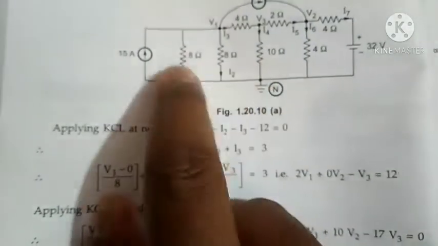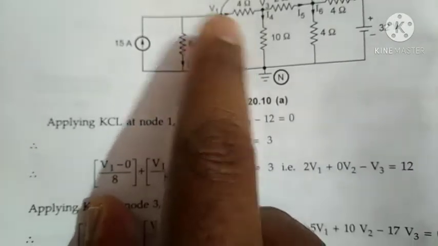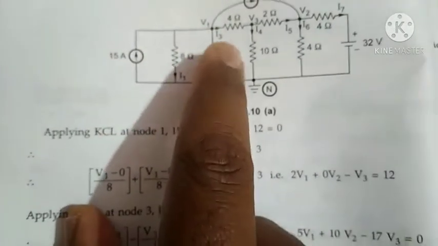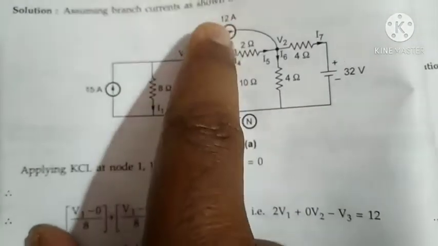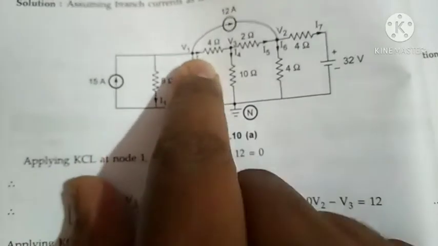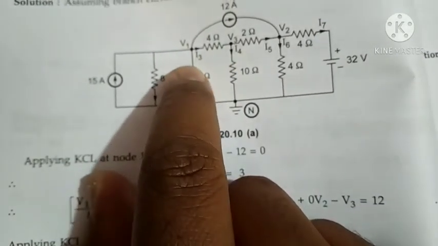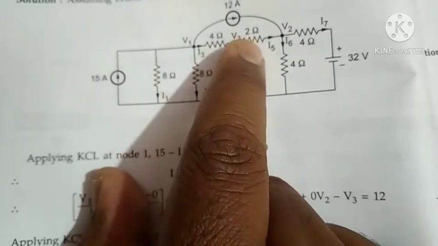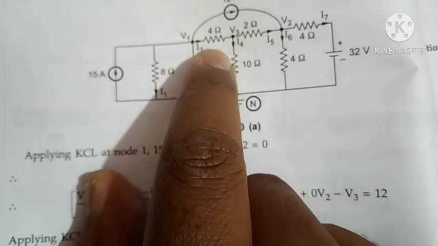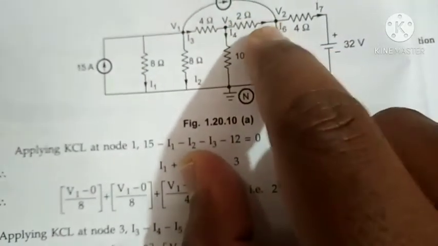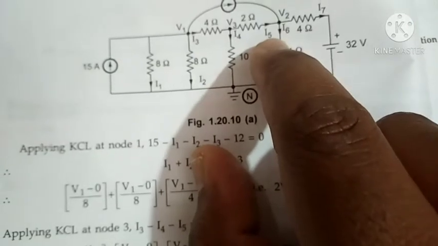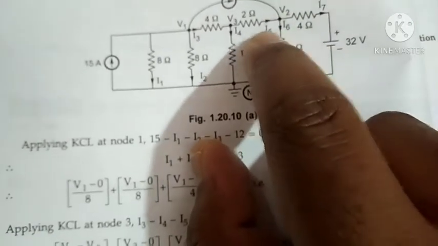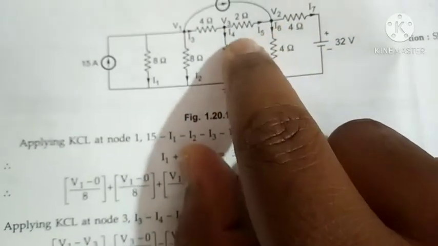So I1 is obtained by V1 minus 0 by 8. This I2 can be obtained by V1 minus 0 by 8. This current, for the 4 ohm, I3 can be obtained by V1 minus V3 divided by 4. The value of I5 can be calculated by V3 minus V2 by 2.